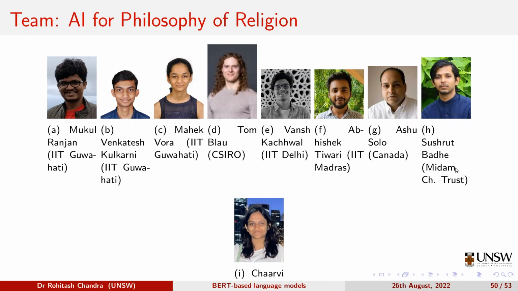Shusharat Bade has translated the Bhagavad Gita into English, preserving the rhythm and the rhyme, so the song structure is maintained. I'm going to visit him after next week. And Charvi Bansal from BITS Pilani is going to complete my project on the Google Translate evaluation of the Bhagavad Gita.